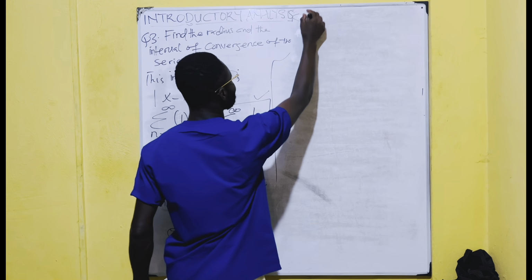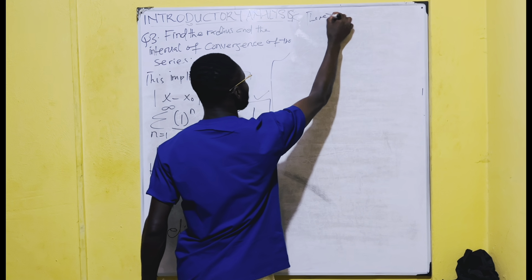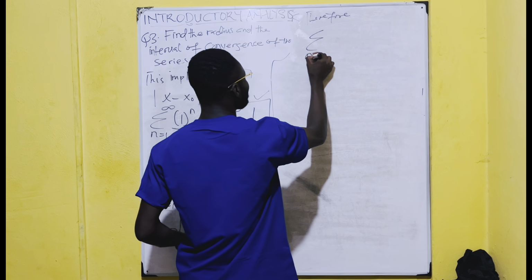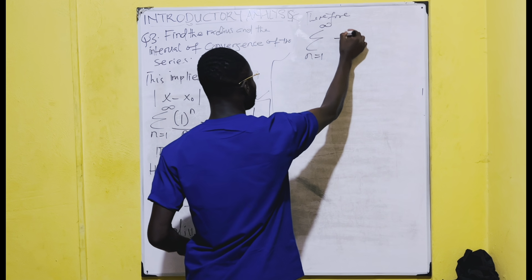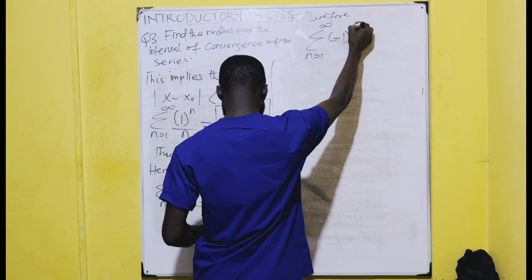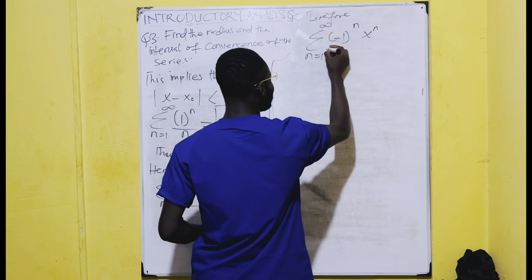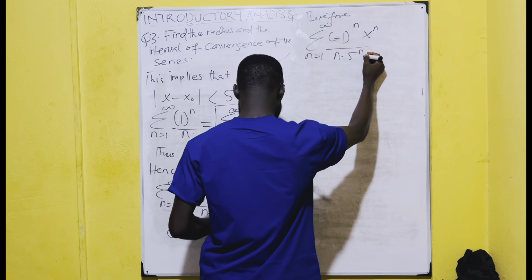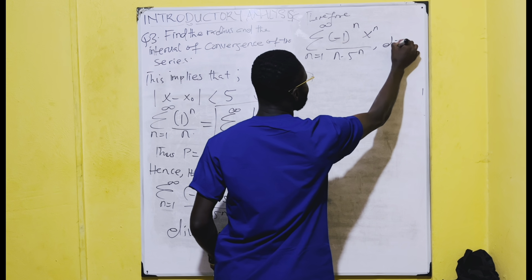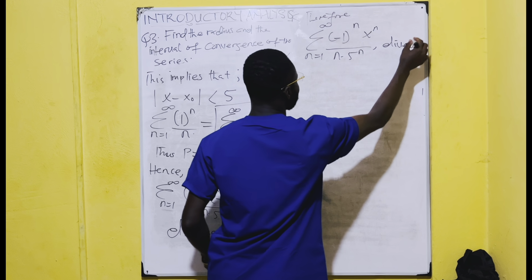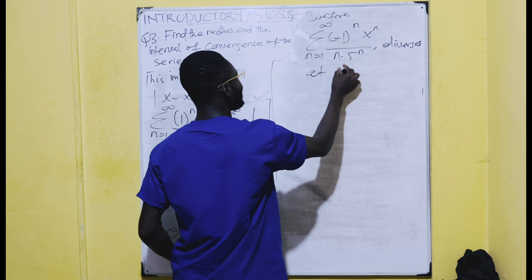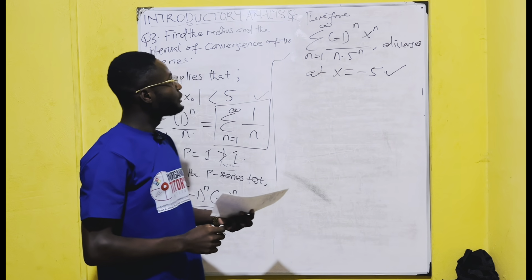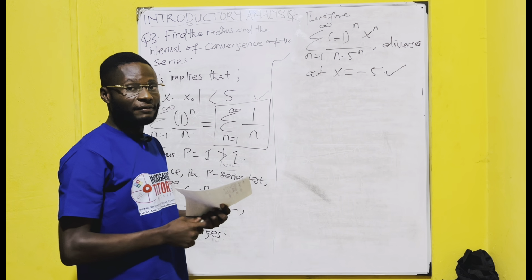So we can say that therefore summation from n equals 1 to infinity of -1 to the power n x to the power n all over n times 5 to the power n, right, diverges at x equals -5. Great. So we have done the first part of the interval.